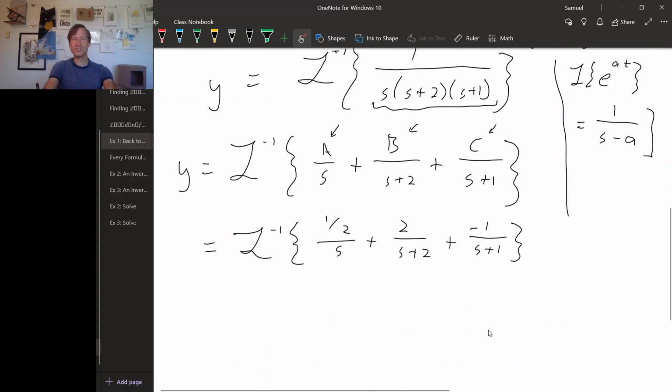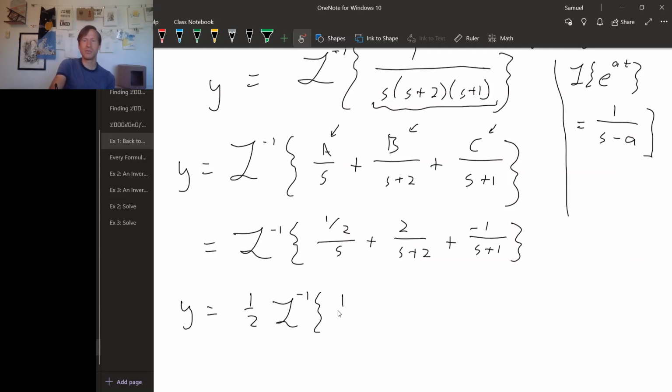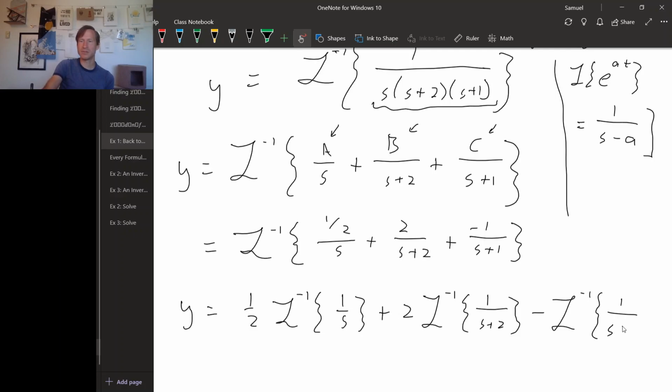But whatever these coefficients turn out to be, we need to take the inverse Laplace transform. Remember, the inverse Laplace transform is linear, so we can move our constant multiples outside and distribute the inverse Laplace transform. So we get 1/2 inverse Laplace transform of 1 over s, plus 2 times inverse Laplace transform of 1 over s plus 2, minus 1 times the inverse Laplace transform of 1 over s plus 1.